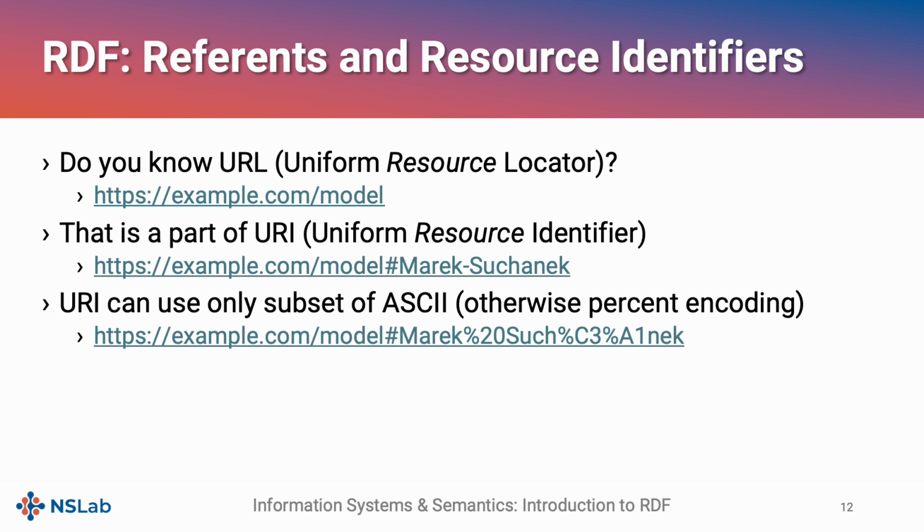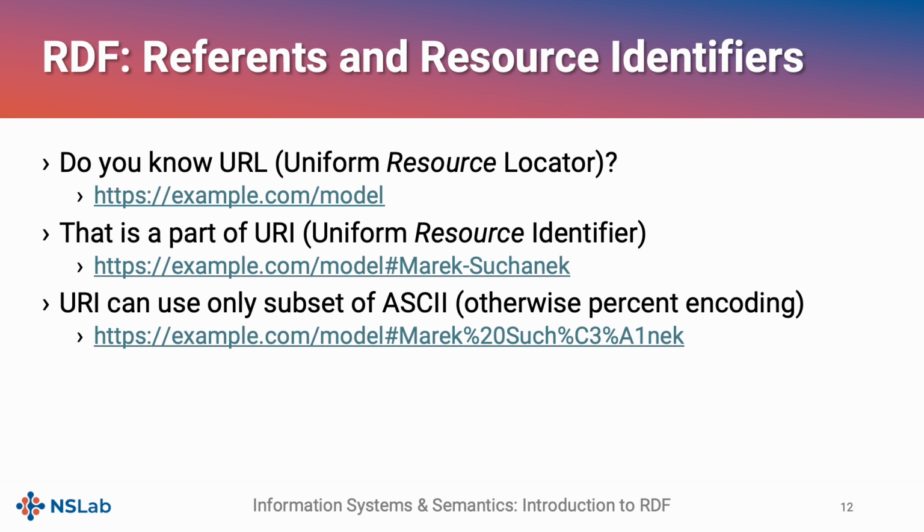Maybe you know that these URLs and also uniform resource identifiers can use only a subset of ASCII. Otherwise, you need to use the % encoding, as is now visible in the example, where I use my actual name with accent.